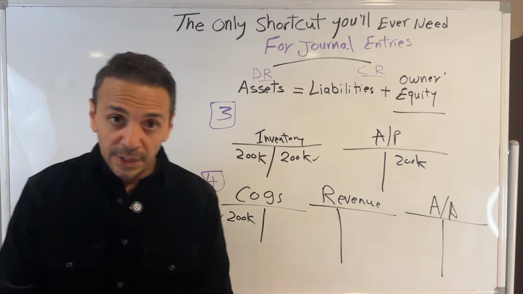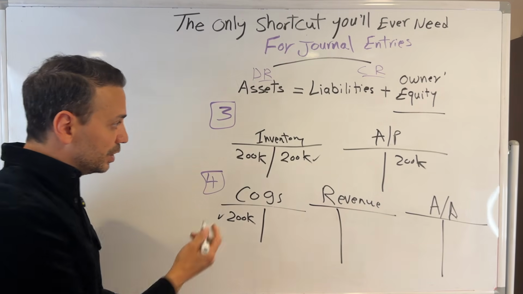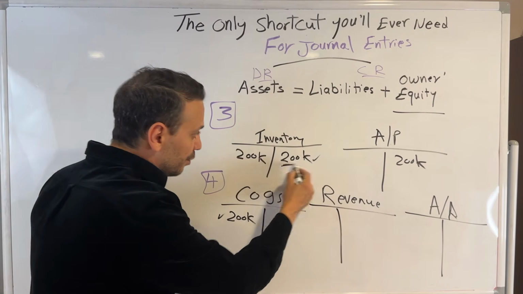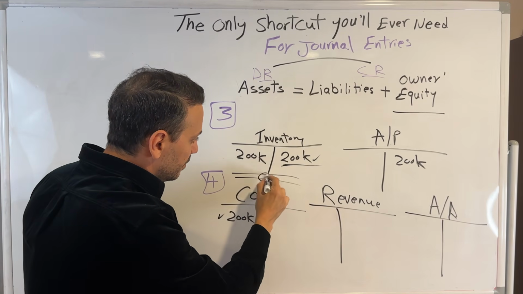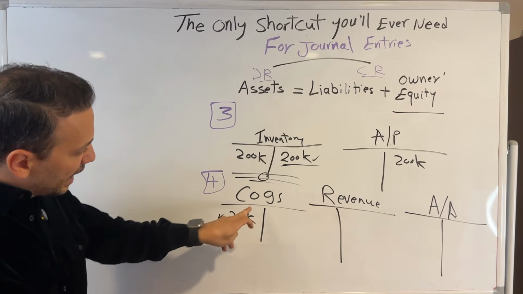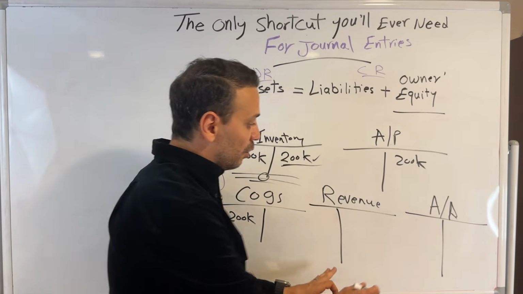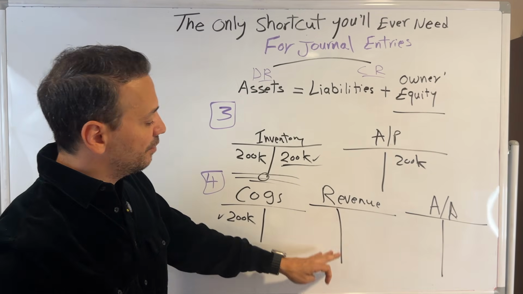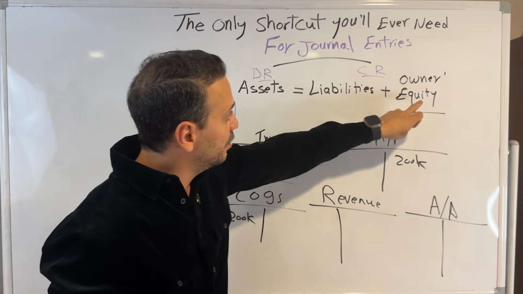So I sold 300K worth of inventory. Inventory originally cost me 200K, so I'm going to reduce it from my inventory. Now my inventory balance is 0, right? Because it came in and it went out, right? And I have a cost of 200K that will go on my income statement. Now, my revenue is going to always have a nature that corresponds with equity because revenue and equity move in the same direction.